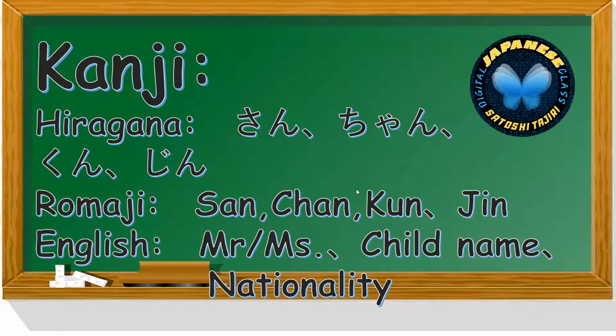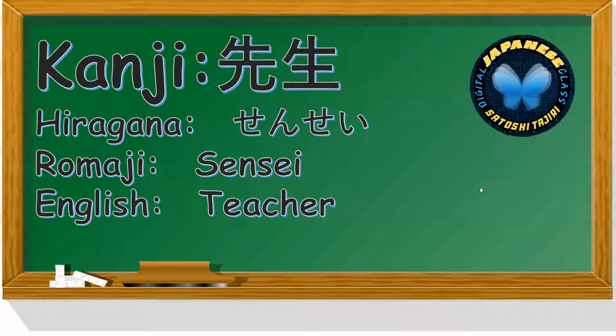They can also be used for a pet's name. We have chan, so if we know Kero-chan, that's the reason we have that one, or Kuru-chan. Then kun is for the male one. Then we have jin, a suffix for nationality. For example, Nihon, then adding jin becomes the nationality of the person.